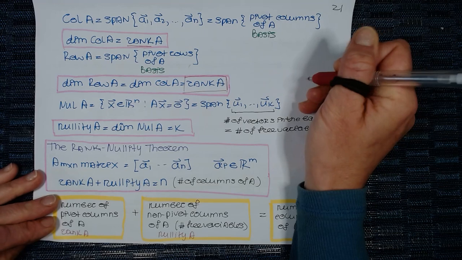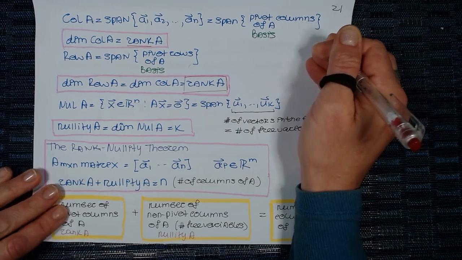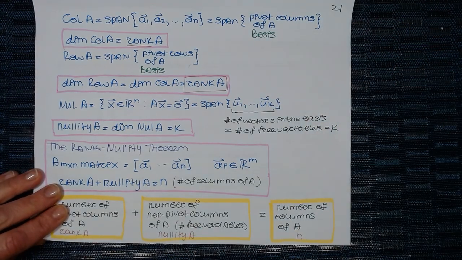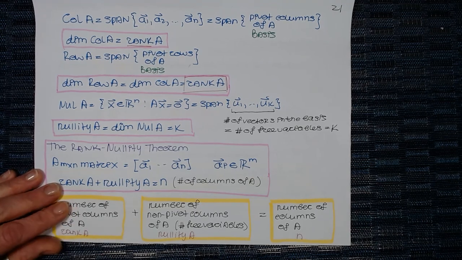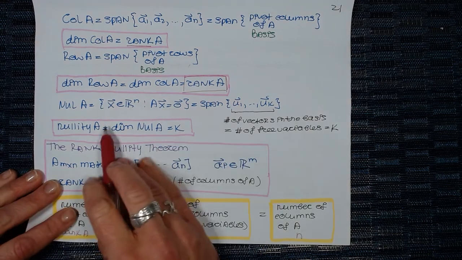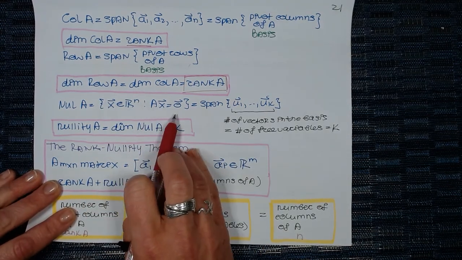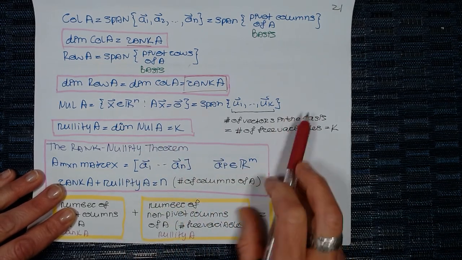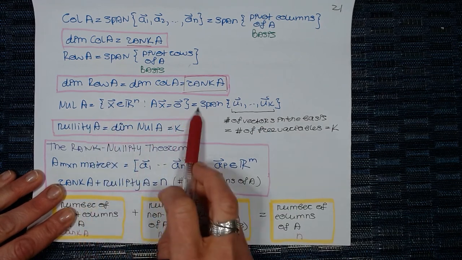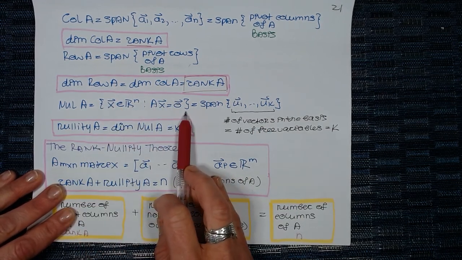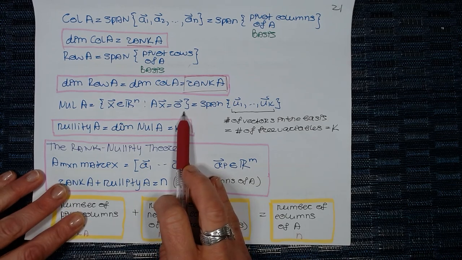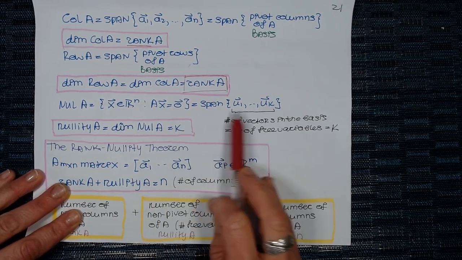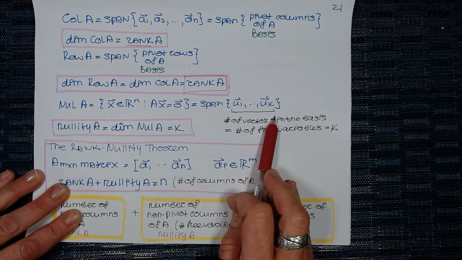For null spaces, it was a little more implicit when looking for basis vectors and dimension. The null space is the solution set of the homogeneous problem, AX equals 0. To find the basis vectors for the null space, we had to find the general solution of the homogeneous problem, write it in vector form, and pull out those vectors to form a basis for the null space.